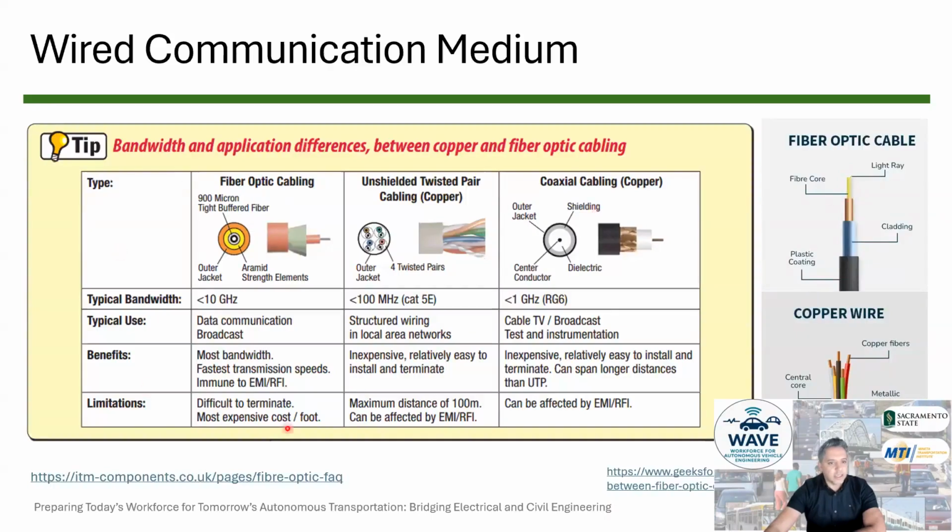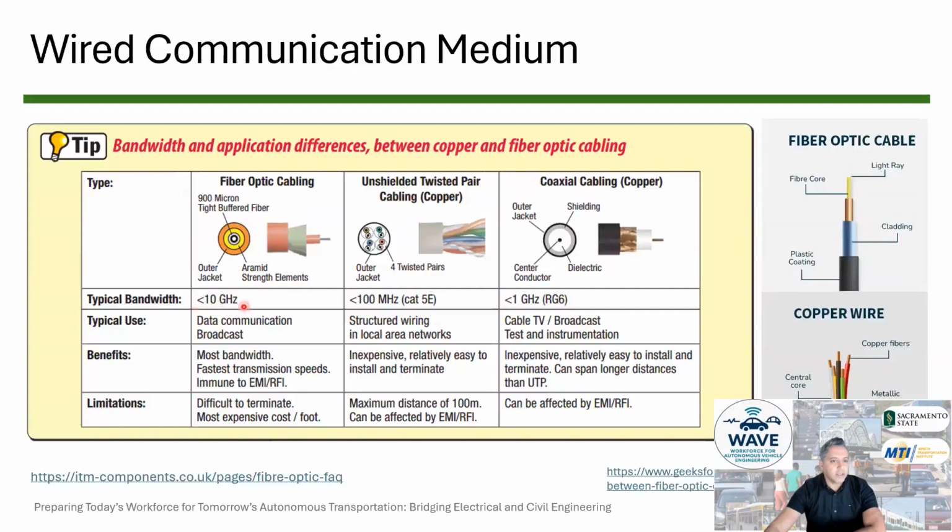Here, this table shows the different types of medium that we have, like fiber optic, twisted pair cabling and coaxial, and you can see the typical bandwidth.